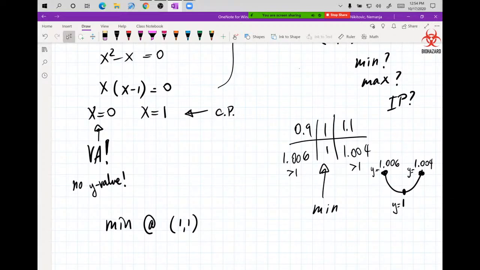Let's ask Desmos to give us the graph for this and verify that 1, 1 has some kind of minimum, and also that there is a vertical asymptote at 0, right, that the function follows. Because the function is 1 over x plus ln x, right? And we should not have a line for that function to the left of the y-axis, because we said that our domain is 0 to infinity.